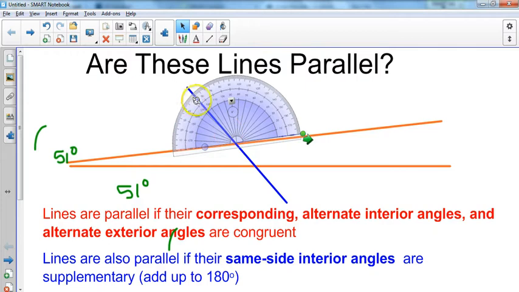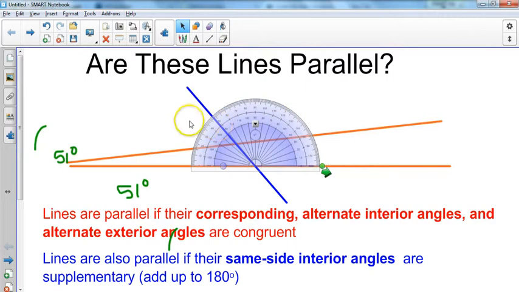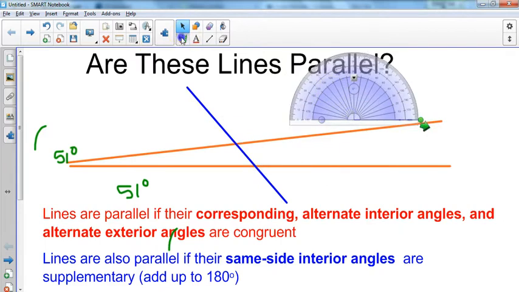I'm looking at right here, 55 degrees, whereas this angle looks like it's 48 degrees. So using the protractor, this was 55, this was 48. Since these are not congruent, they're not parallel lines.